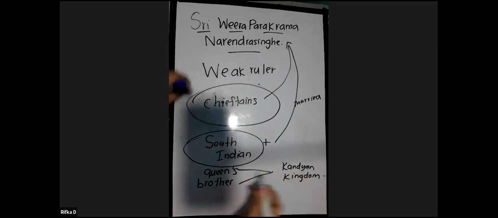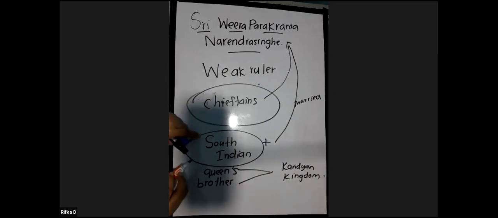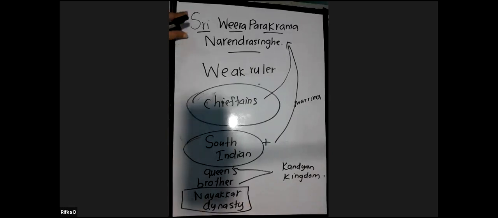So the queen is from South India, from the Nayaka dynasty. Now, after the death of Shri Veera Parakrama Narendra Singha, the Sinhala dynasty comes to an end in the Kandyan kingdom.